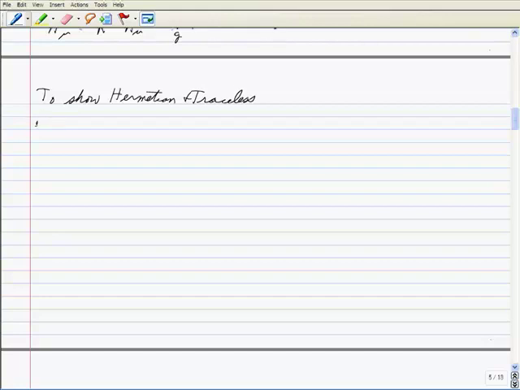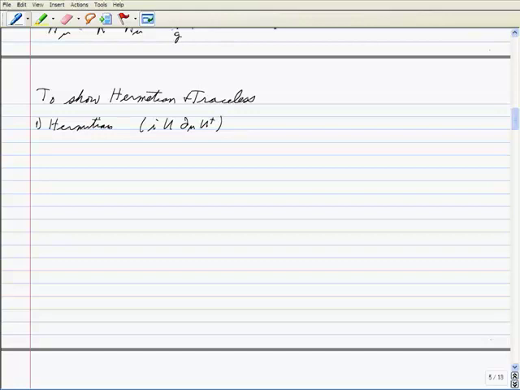Showing that it's Hermitian is interesting. I want to show that I U d mu U dagger is Hermitian.